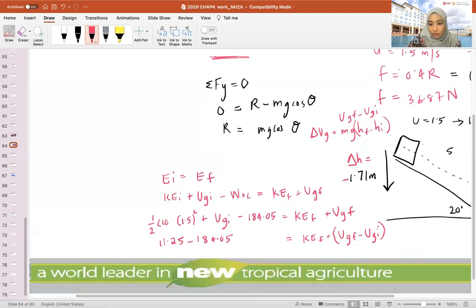Okay, so I can know what is this guy because this is basically UG and I know what that is. So KE final plus with mg delta h. What is delta h? It's minus 1.71. So that is going to be, I don't know, m is 10.